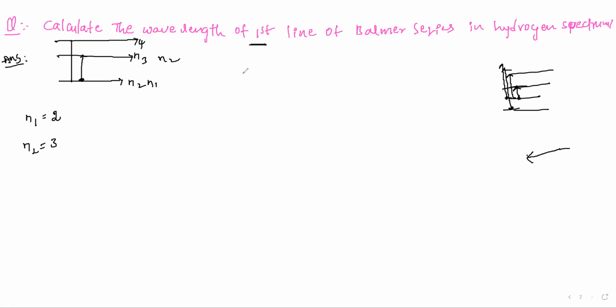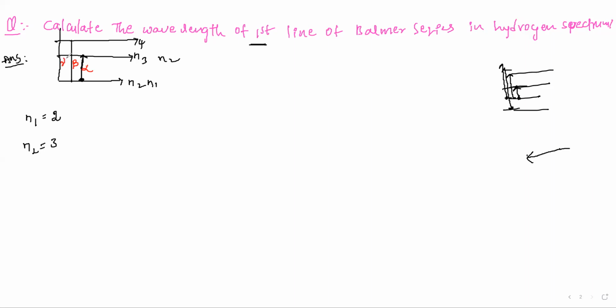Yesterday we wrote the hydrogen spectrum. If you check the hydrogen spectrum, we know already the Balmer series comes from right to left: first line, second line, and next the 3rd line. And one more important point I forgot to say yesterday: the first line is also called the alpha line, the second line is called the beta line, and the 3rd line is called the gamma line.